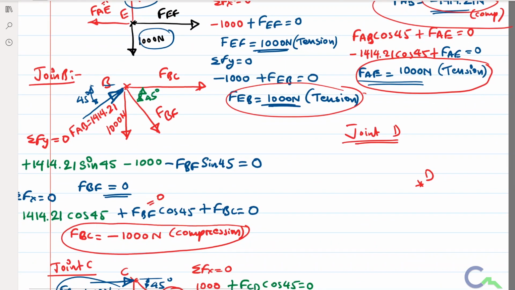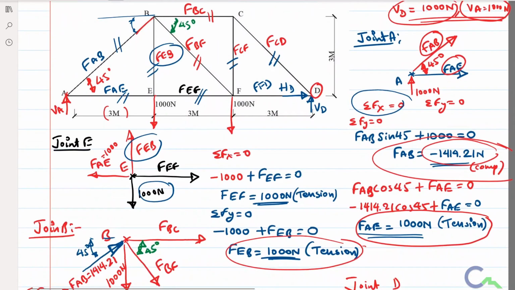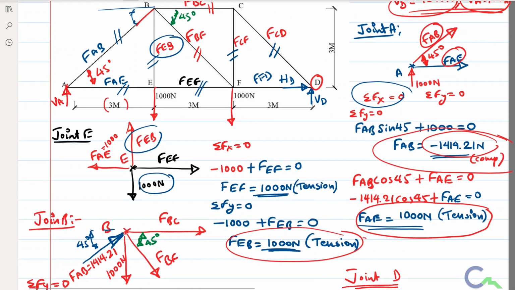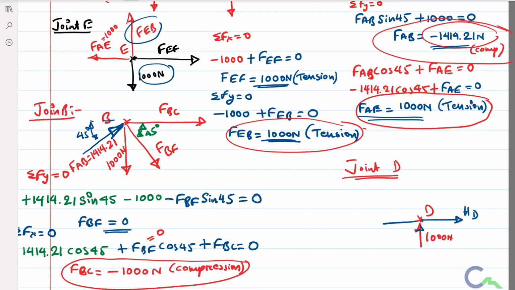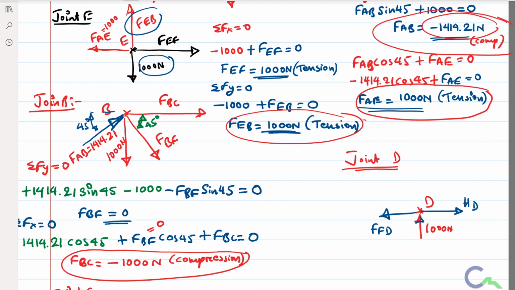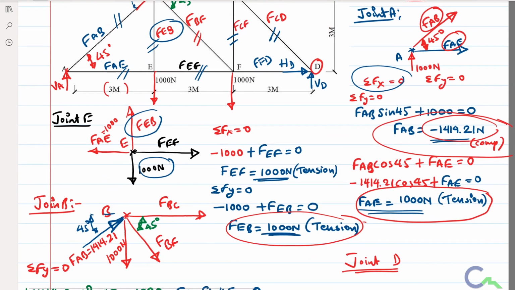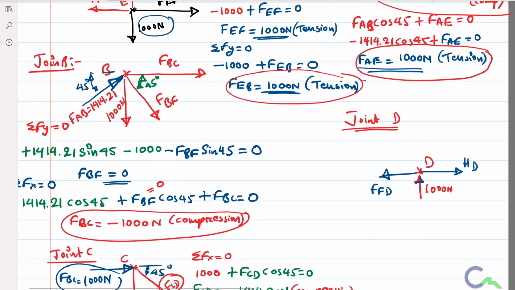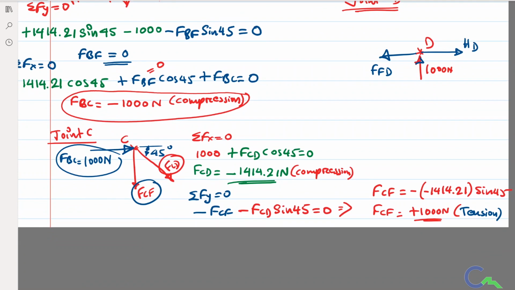I will take 1000 Newton, which is VD. Then we have HD. We got 0 answer. Still I am going to consider here, that is HD. So FFD I am considering for the first time. So I will take this in tension, that is FFD. The one more force, that is FCD. So this is the force. I already considered FCD in the previous step.